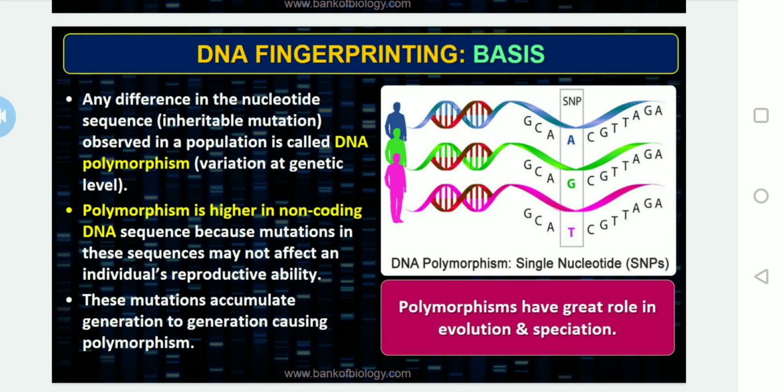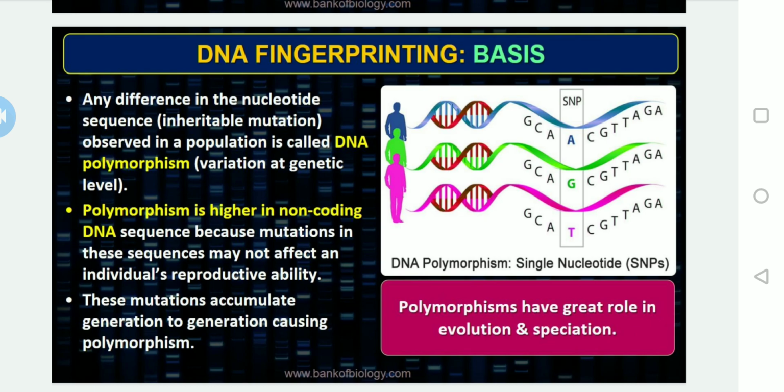And remember, polymorphism has a great role in evolution and speciation. What is evolution? You know very well that small, gradual changes took place over millions of years. And what about speciation? A single step mutation leading to large variation is called speciation. I was telling about polymorphism.